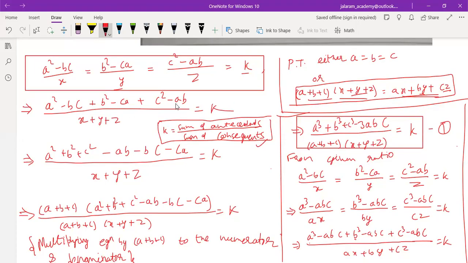If we use sum of antecedents upon sum of consequents, it gives one of the terms which we have to prove, x + y + z. Sum of antecedents will be a² − bc + b² − ca + c² − ab over sum of consequents x + y + z. So we are getting x + y + z; we have to bring it in our proving also.